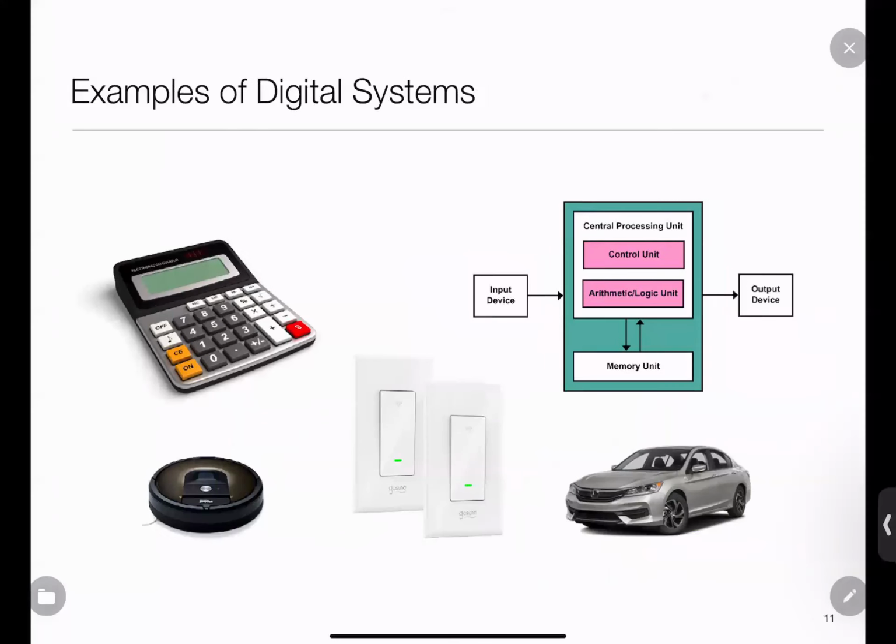Okay, so now examples of what are largely digital systems. Things like calculators and laptops, obviously, but even these things have analog outputs, right? If I look at my laptop, it controls the light level of the display. It can make sound.